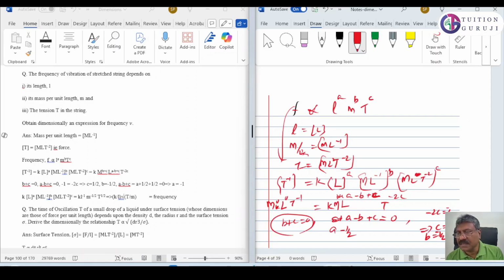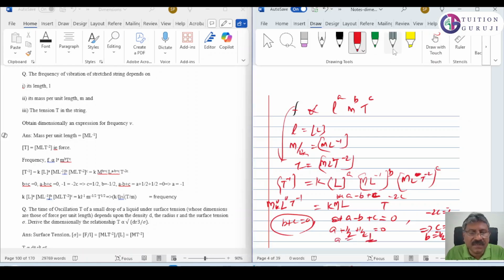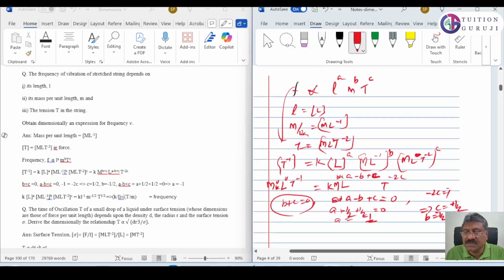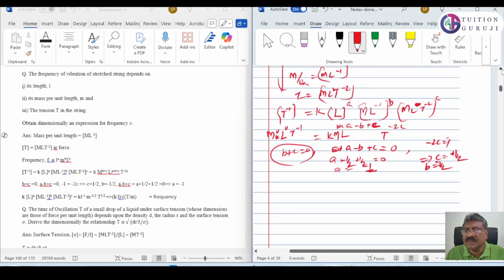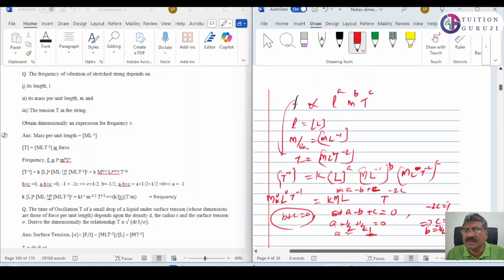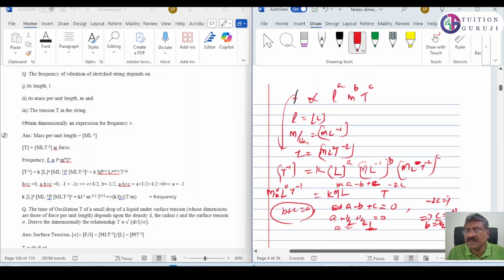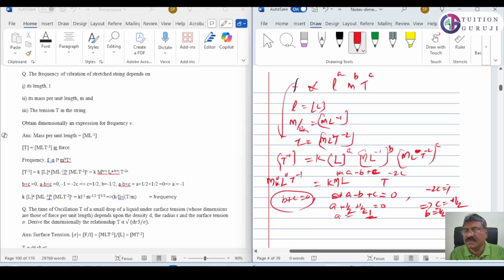For a, minus is plus. So c is again plus half is equal to 0. So a is equal to minus 1. A we got as minus 1. So if you substitute these values, what you will get?